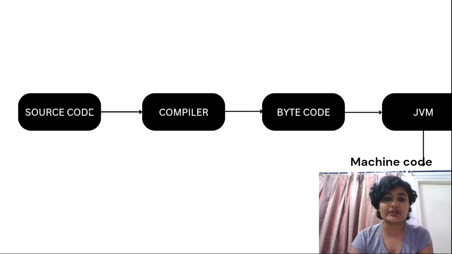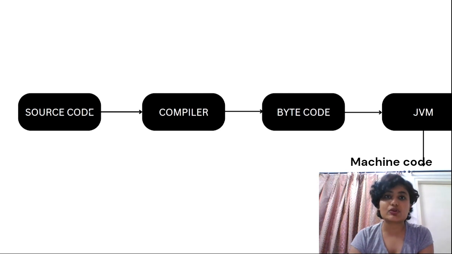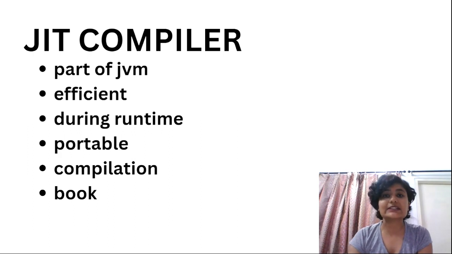But what the just-in-time compiler does is that it converts a little bit of the bytecode into machine code during execution. What JVM does is convert bytecode into machine code after execution of the bytecode. But the just-in-time compiler does the same during the runtime of the code.